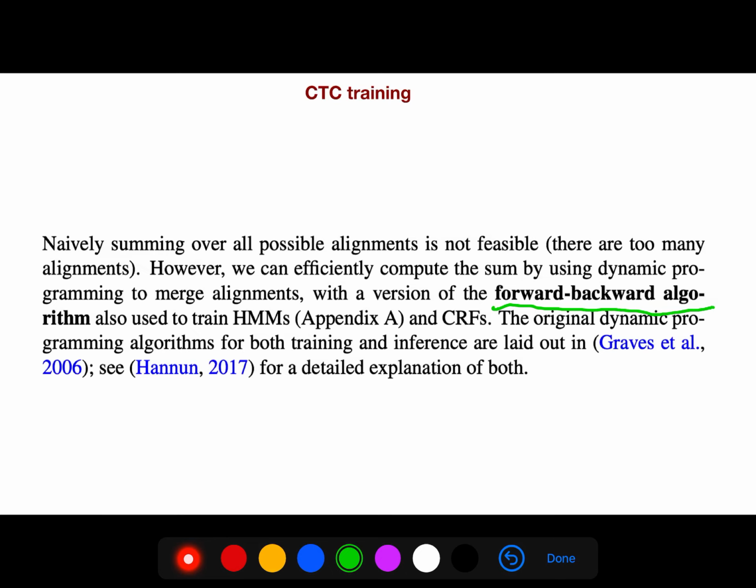And we can reduce the challenge of computing these, which is very expensive if you want to do it with brute force or manually. The original dynamic programming for both training and inference is given in this beautiful reference.